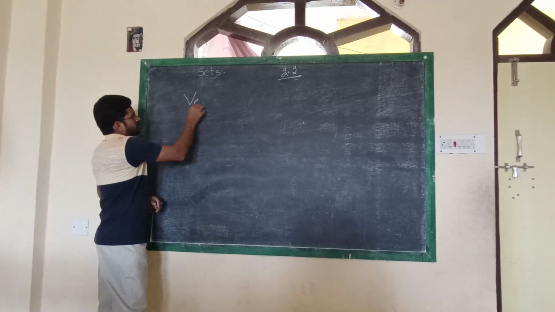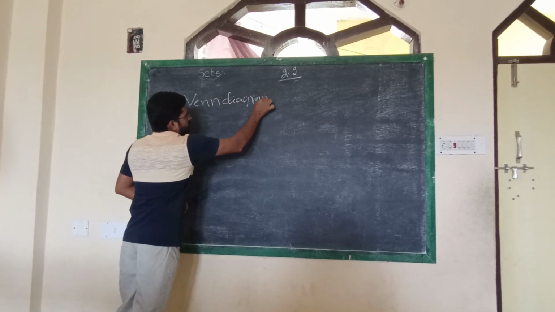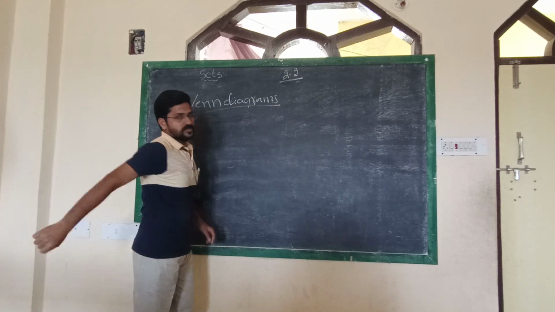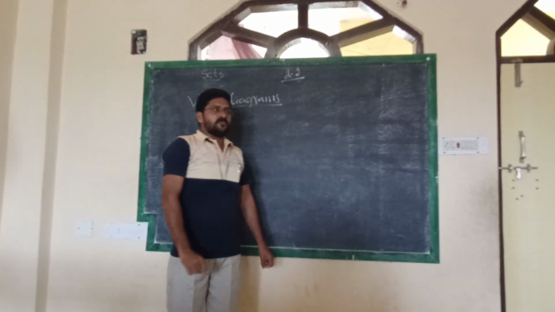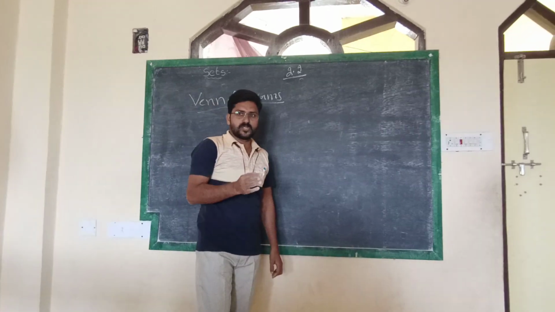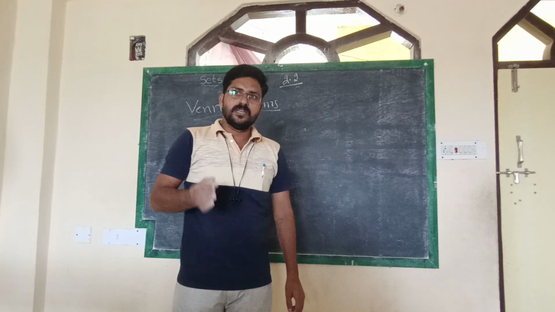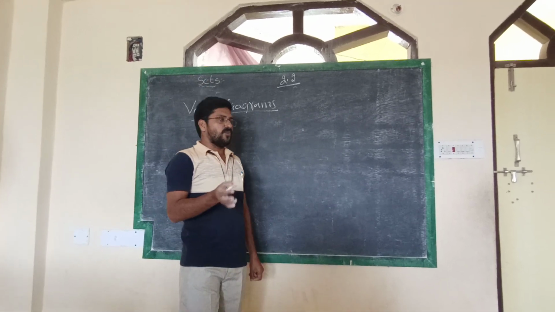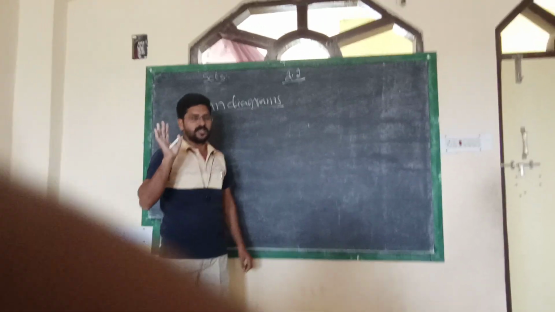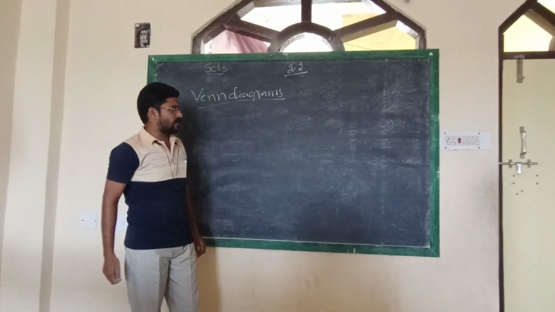The concept is Venn diagrams. Venn diagrams of two sets. Now we applied union of two sets, intersection of two sets, and difference of two sets. This is the same concept. If you want to represent in a Venn diagram, how we can represent this concept we will learn now.